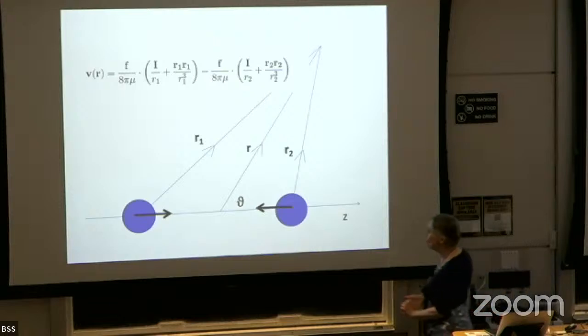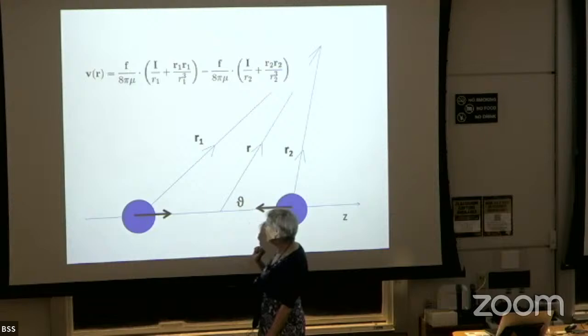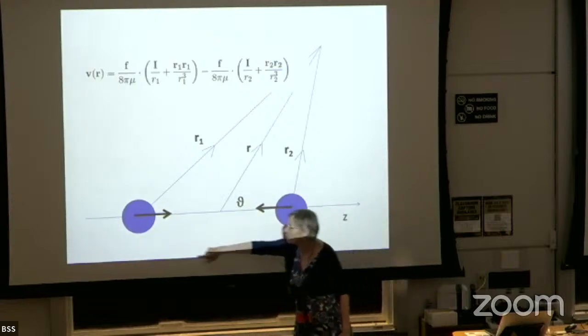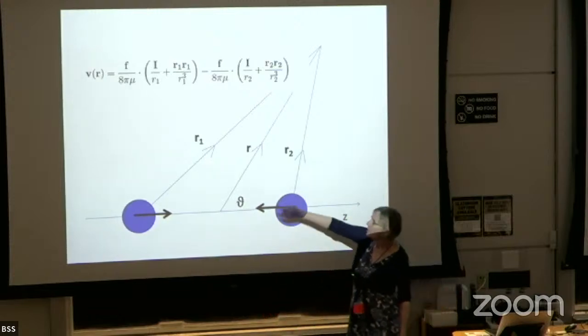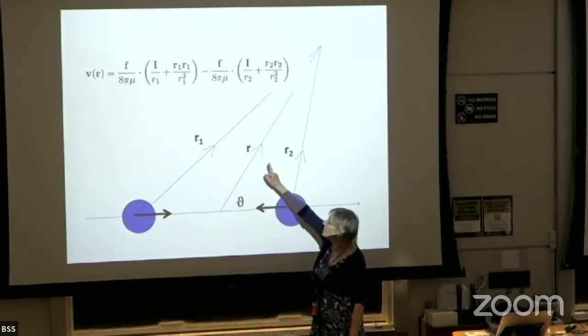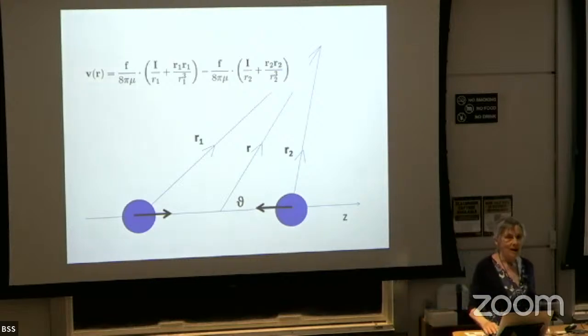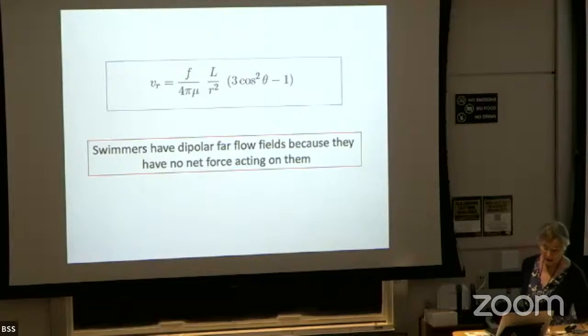You look at the Stokeslet due to a force like that, and you add a Stokeslet due to a force like that, where these two forces are a distance L from each other. You can do that because R1 is approximately equal to R and R2 is close to R, so you can do a Taylor expansion. I'm sure you all did it. And what you end up with is a velocity field which looks like this.